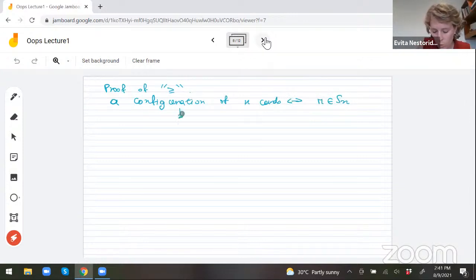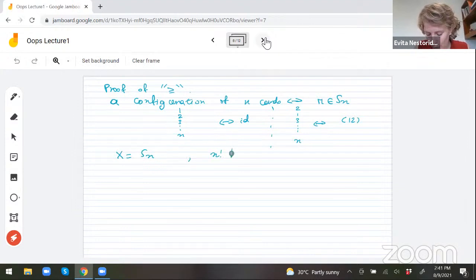For example, when the cards are in order, this corresponds to the identity element of the group. If we swap the top two cards, this corresponds to the transposition (1 2), and so on. So the configuration space is now S_n, and the size of the configuration space is n factorial, just because I said earlier that n will always be the size of the configuration space. I guess I lied.